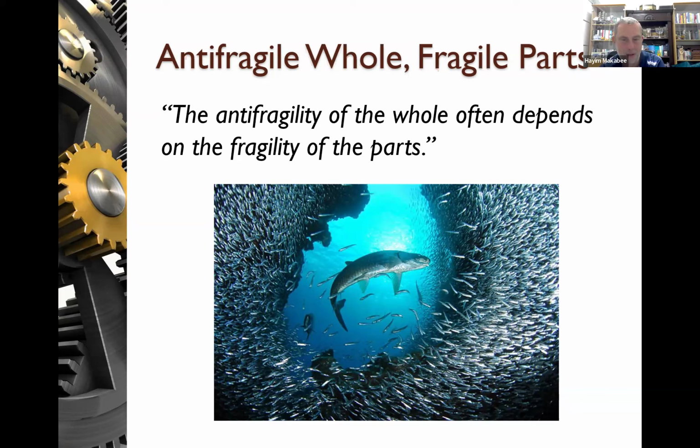And this is the case of all different kinds of animals that live in communities, like ants or bees. You may kill a few ants and you may kill a few bees, but the community of ants or bees can survive for a long time and continue to grow, despite that its members are very fragile. Like an ant is very fragile. It's very easy to kill an ant, right?